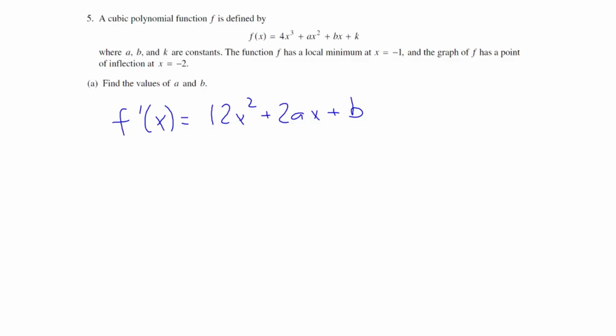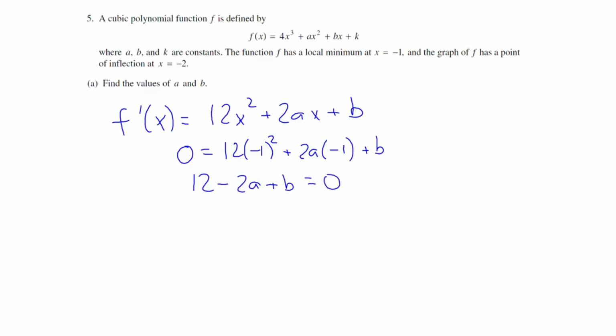So if I plug in -1 here, we should get 0. So 0 is equal to 12 times -1 squared plus 2a times -1 plus b. Or in other words, we end up with 12 minus 2a plus b. So 12 minus 2a plus b needs to equal 0.